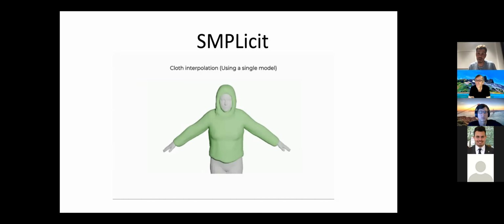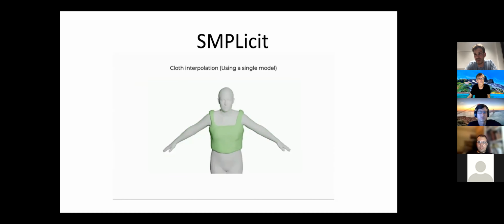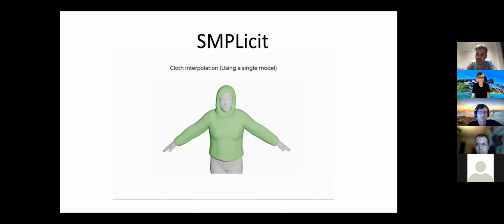But having the correspondence allows you to do other things, like edit the garment more easily, or map texture from one garment to another. So again, I don't have a clear answer, because I see lots of advantages and disadvantages for both. A one-for-all model is very flexible, but then you don't have these nice things, for example transferring texture.